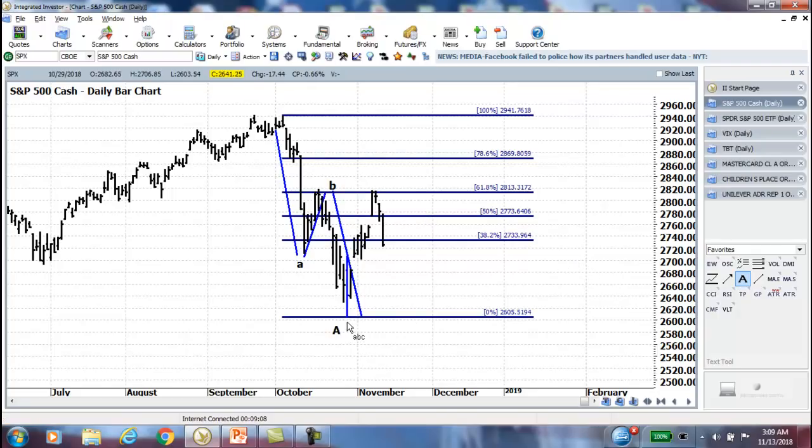And so this was the C wave extension, but that was a zigzag pattern possibly within a larger impulse A. And then we would have had a monowave corrective B right to that 61.8% level.